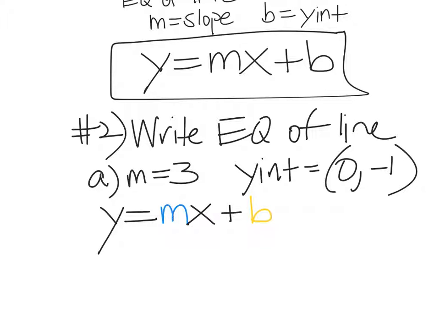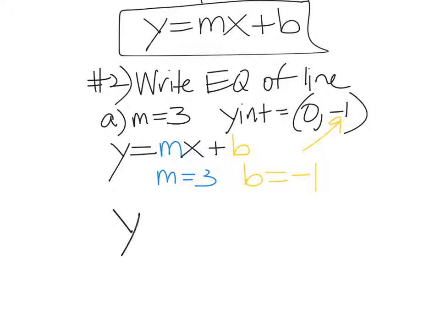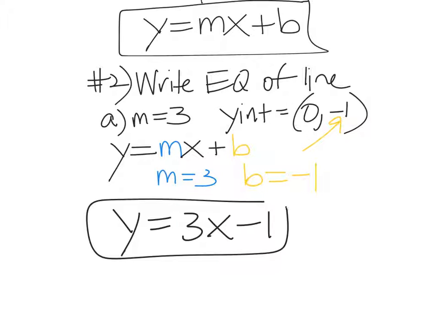All we have to do is fill in the m and fill in the b. So, what's m? m is 3. And what's b? They tell us the y-intercept is -1. When x is 0, that's our y-intercept. So we go ahead and plug it in. y equals 3x minus 1. And that's your answer.